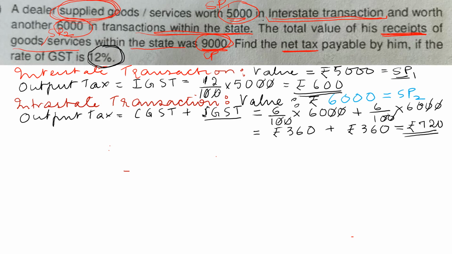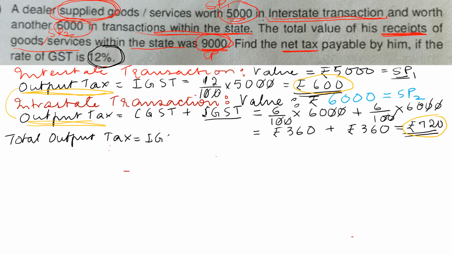Now, we have so far looked at this 600 and this 720. This is for the output tax. So both of these added together will give us the total output tax. We will say total output tax will be equal to IGST from the interstate plus CGST plus SGST.